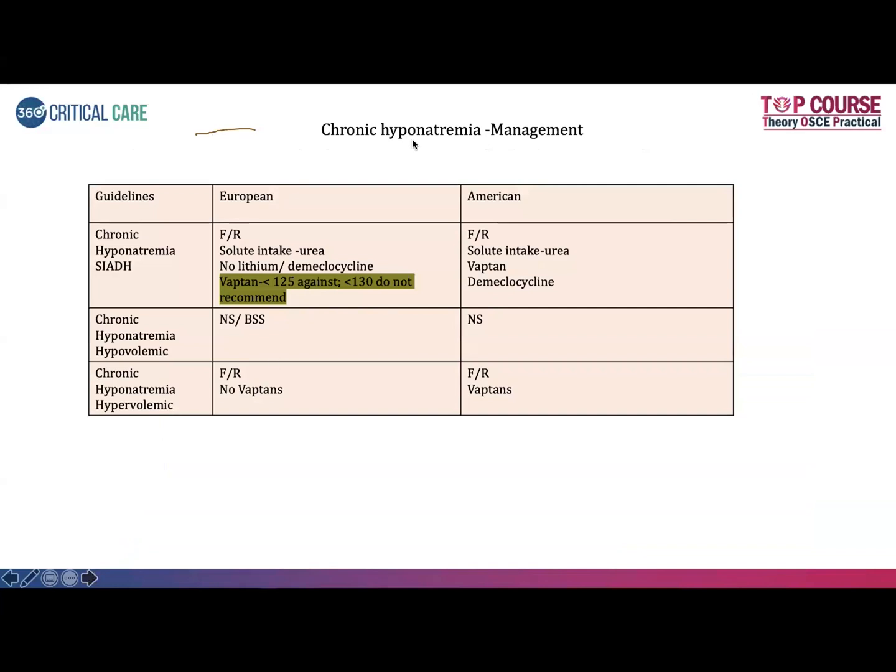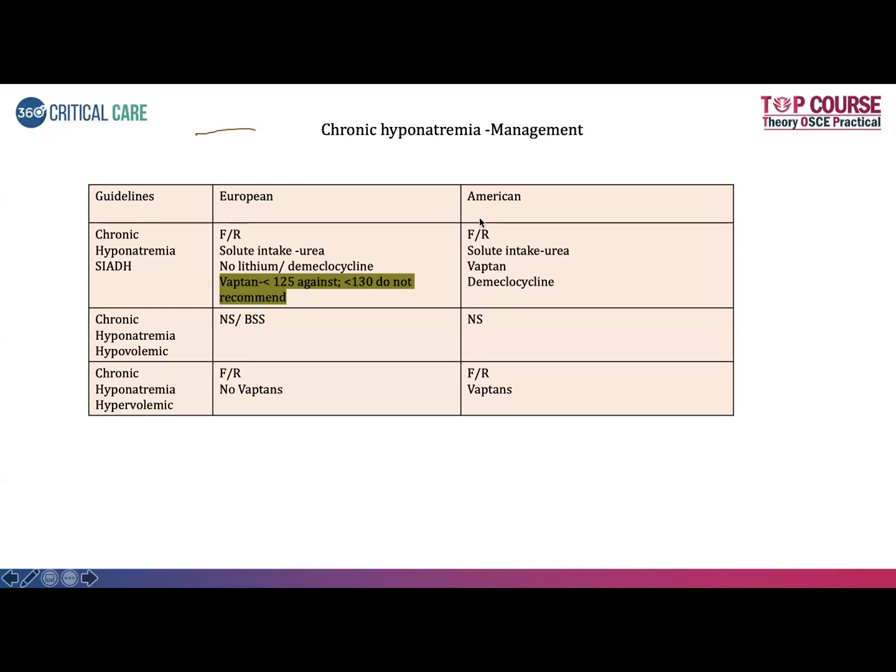In chronic hyponatremia, as per European guidelines, you divide it into 3 categories. One is hypovolemic, euvolemic, that is SIADH, and hypervolemic. So SIADH, just fluid restriction is recommended. Solute intake, that is urea, no lithium or demeclocycline, Vaptans against, okay, if the sodium is less than 125, and less than 130, does not recommend.